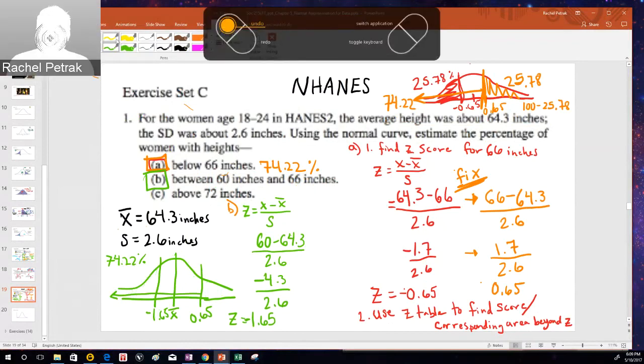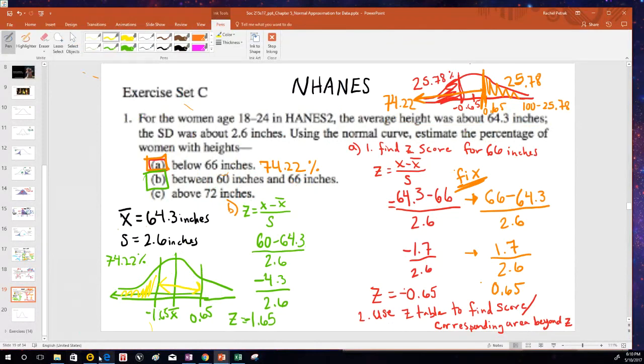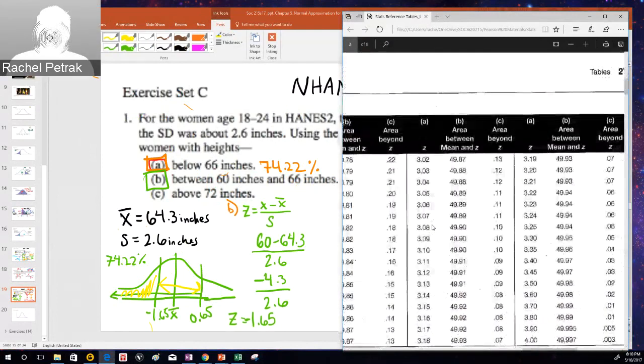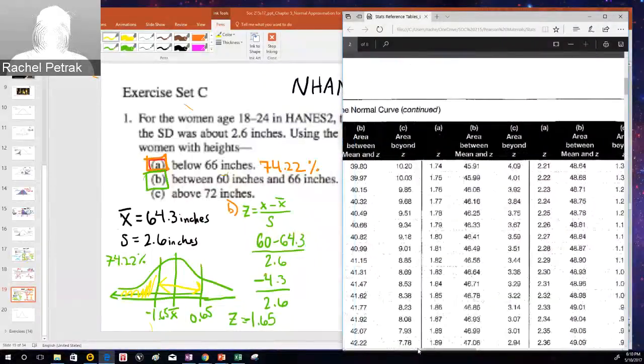And then we can subtract that area from 74.22%, and then we'll have this interval between our two z-scores of interest. I'm just going to a z-score of 1.65.